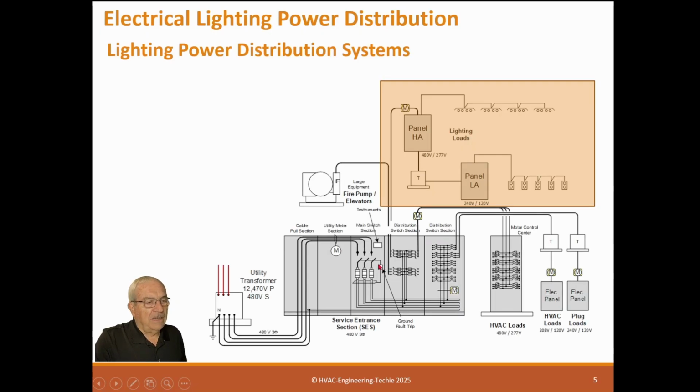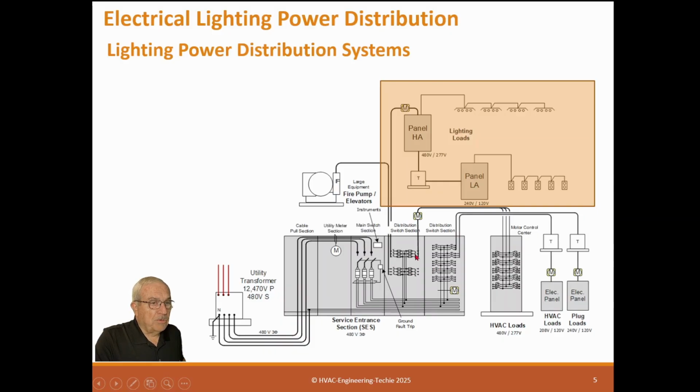All right, lighting power distribution. The power for lighting is distributed just like any other power source in the electrical system. Normally we prefer that each load within a system be sub-metered separately, so the operators have a chance to actually manage that power. If you'll see here, this is a piece of switchgear where the main power comes from the utility.